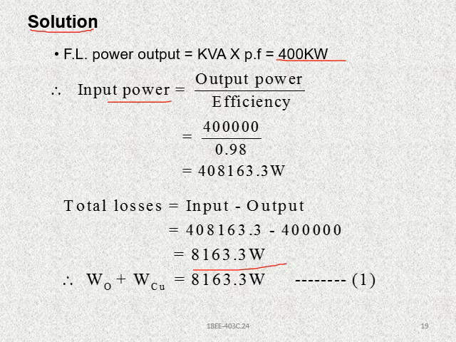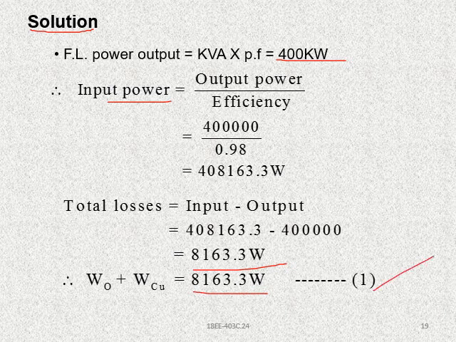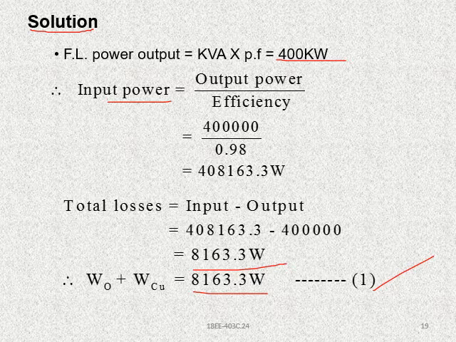See, it is showing us the two losses, W0 plus WCU, equal to 8,163.3 watts. Let us take this as equation 1, since it is condition 1.